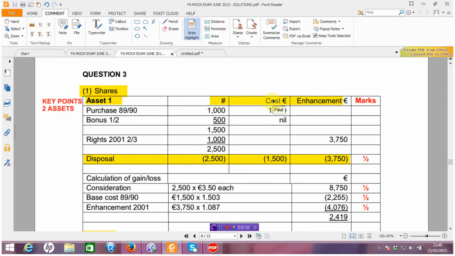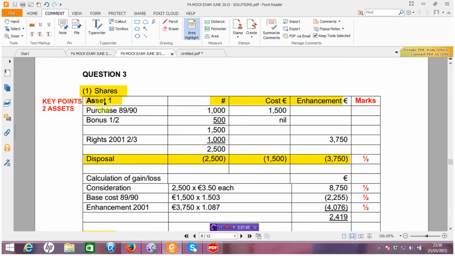Obviously, we're going to have a cost column, and then in addition, we're going to have an enhancement, which is effectively the rights area. Okay, we could have a total column as well if you wanted, but I guess that's a little bit of extra work. So in terms of setup, let's format the question properly.